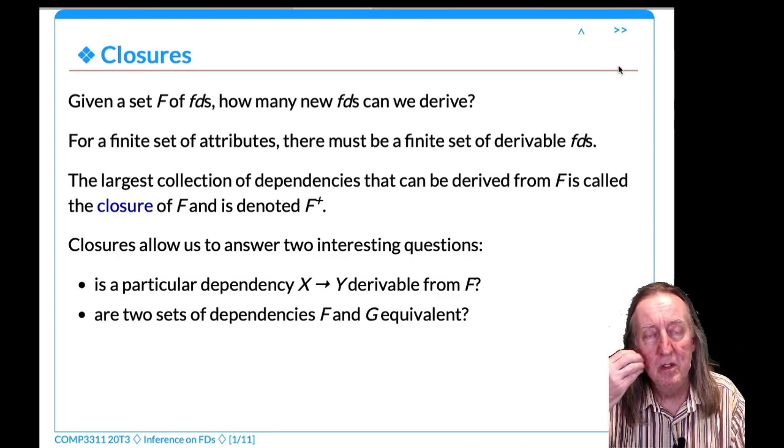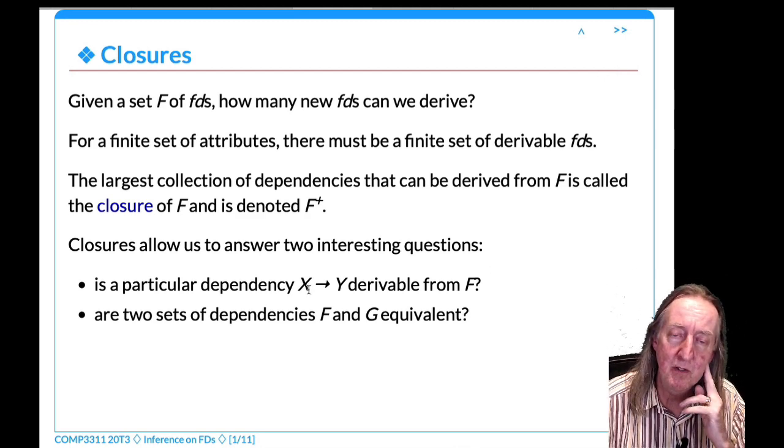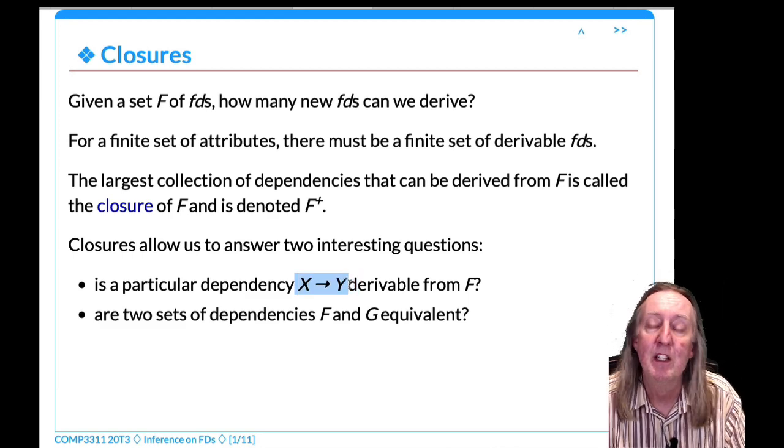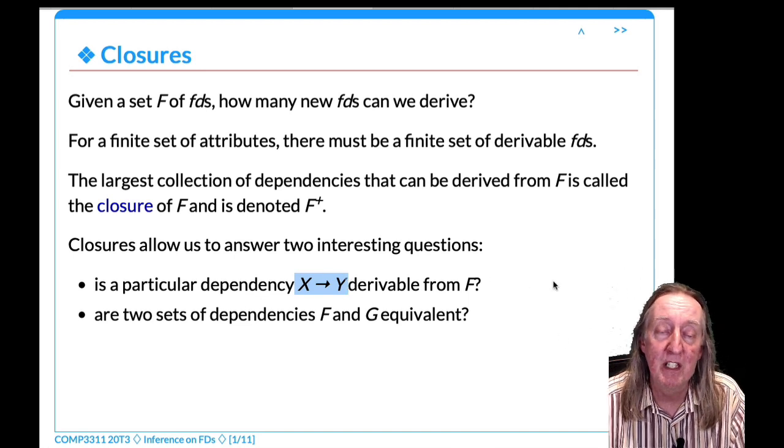So, generally we're dealing with a set of functional dependencies. Functional dependencies look like this, where both the left and right hand side can be sets of attributes, but if we want, we can just think of them as individual attributes.